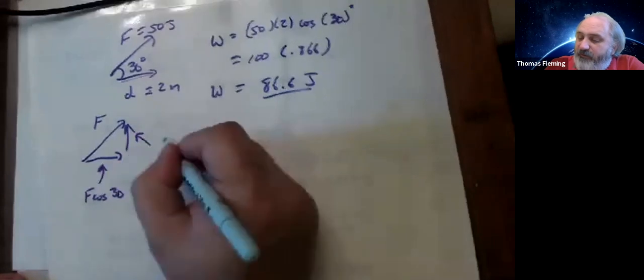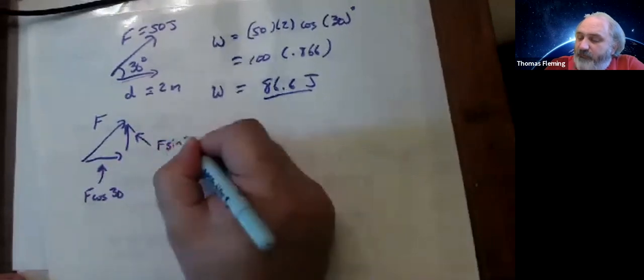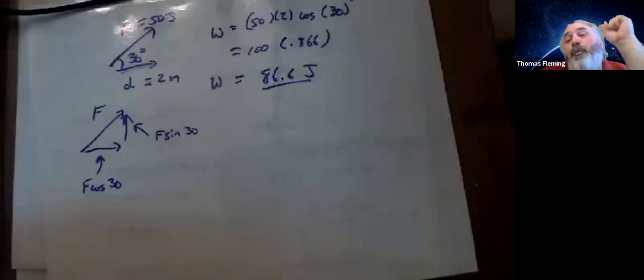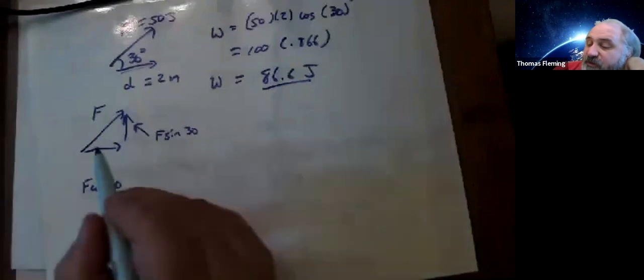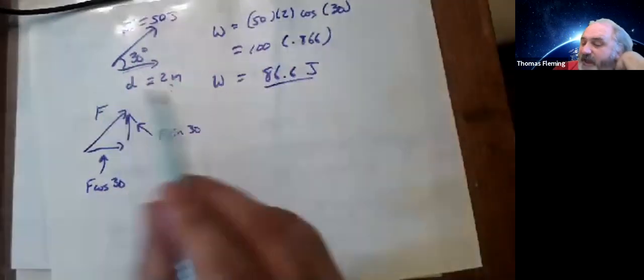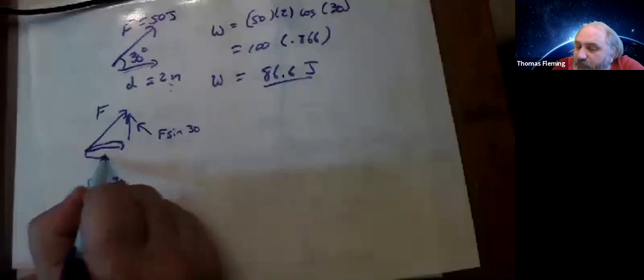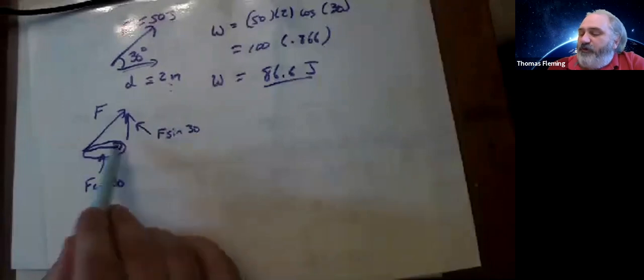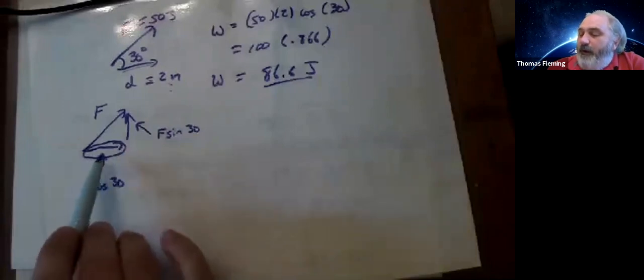The Y part is F sine of 30. So one way to think about it is that when you're doing these dot products, what you're really doing is multiplying the distance, 2 meters, by just the horizontal portion of the force, and ignoring the perpendicular part.